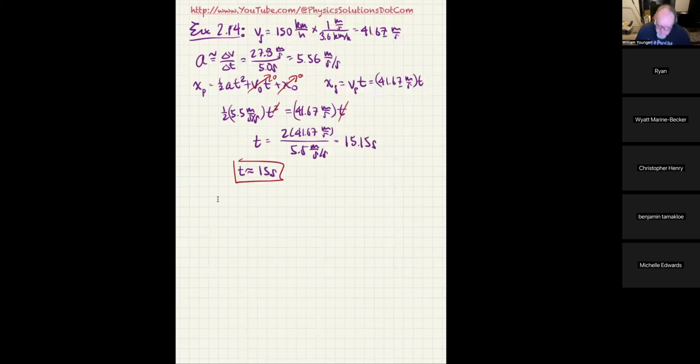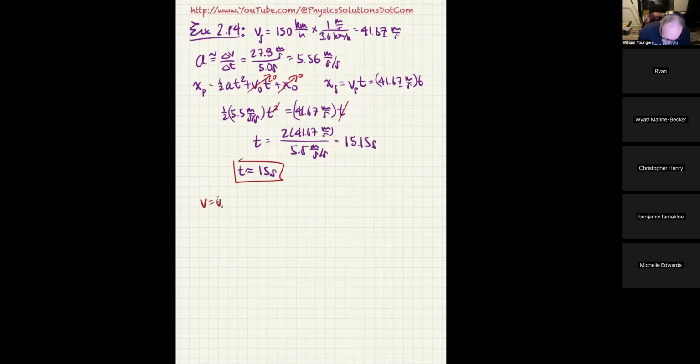Now, to check it for reasonableness, let's see exactly how fast the police car would be going at this time. In other words, if it literally did accelerate at that acceleration for the whole 15 seconds, which is extremely unlikely, since hardly any vehicle could keep a high acceleration constant for 15 seconds straight. But either way, let's just check and see.